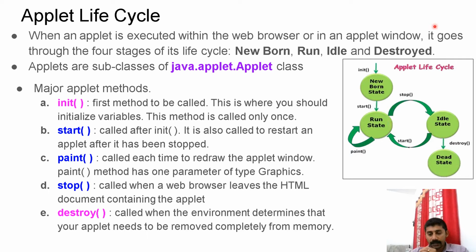Then if you minimize that particular web page, the applet will move to the idle state by calling the stop method. When you maximize the page, it again moves from the idle state to the run state by calling the start method. When you close that web page, your browser can unload your applet from memory and it can move to the dead state.